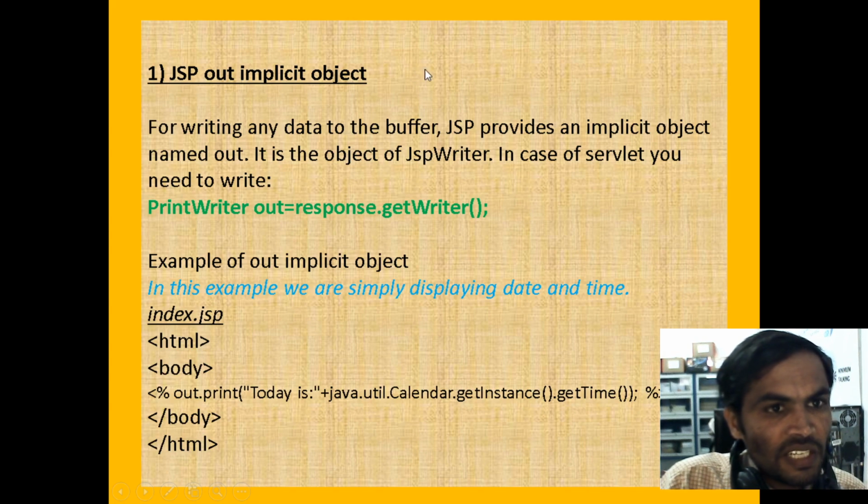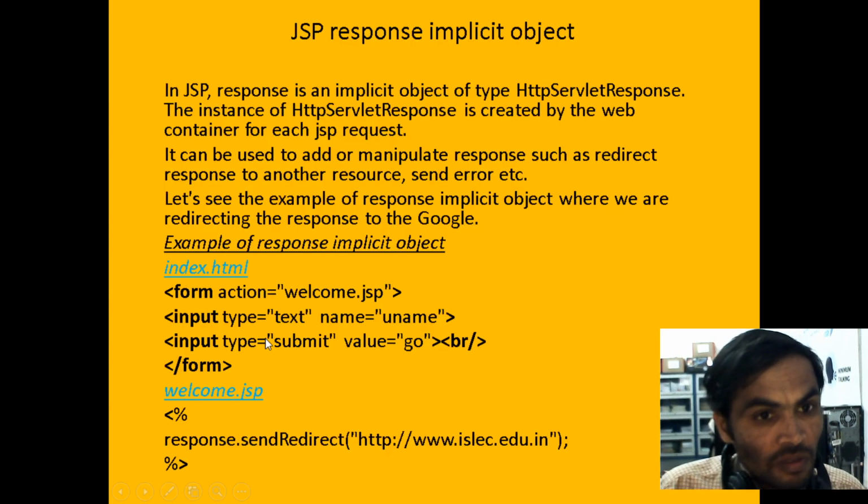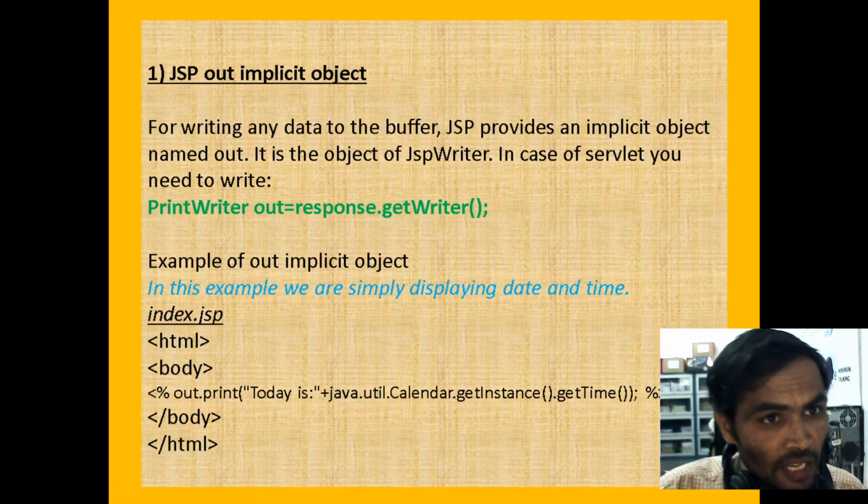Here, just by writing out.println, we get output according to your out object. Now in the body, we write out.println today's date.